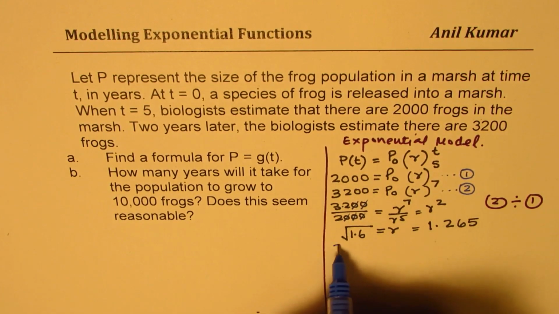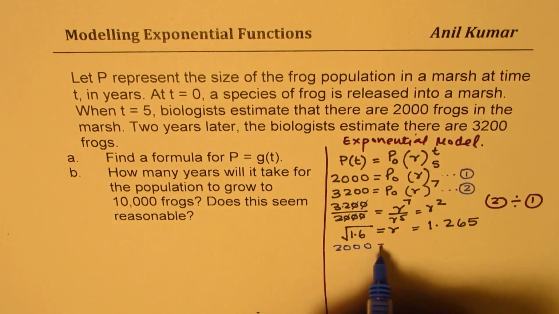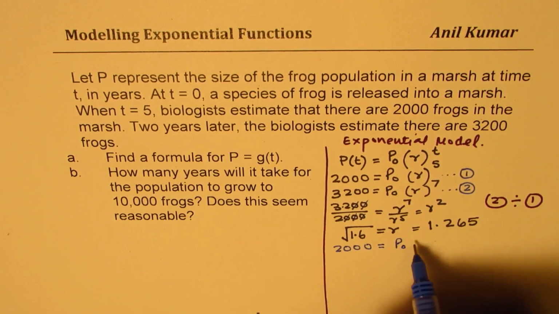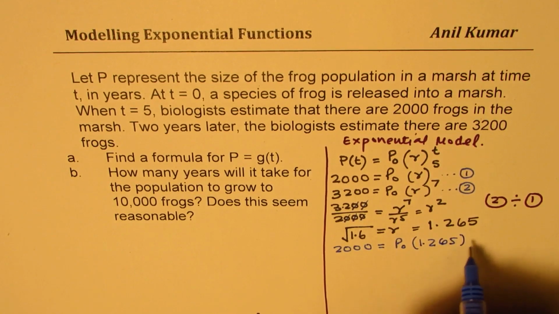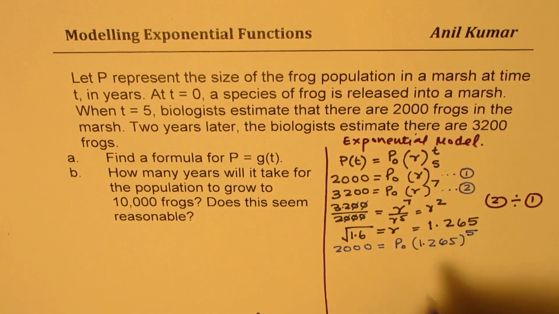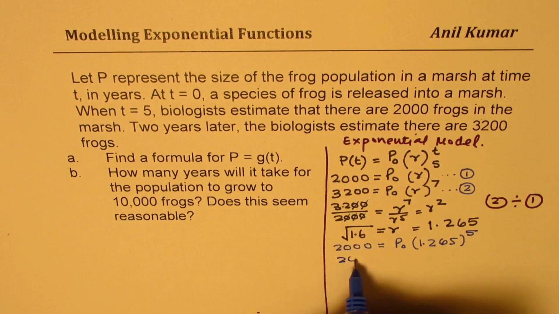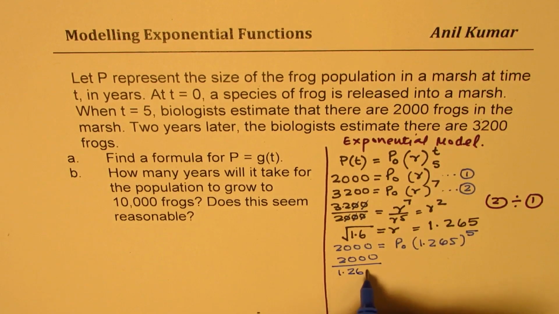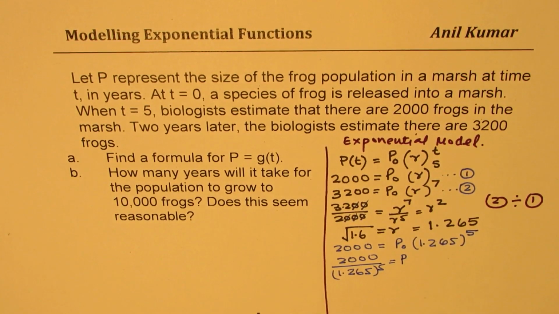So what we get here is 2000 equals initial population times R value, 1.265 to the power of 5, correct? So from here we get 2000 divided by 1.265 to the power of 5 as the initial population.